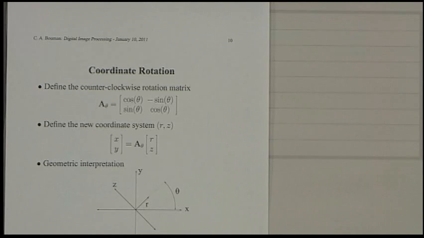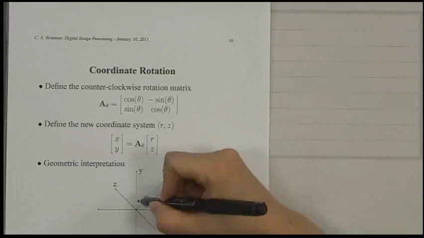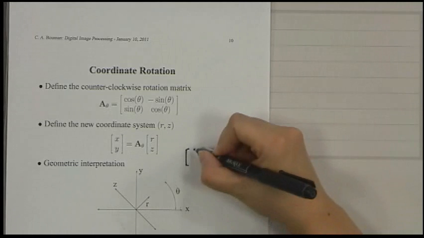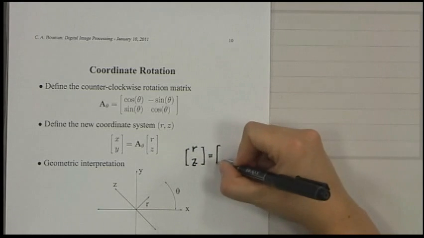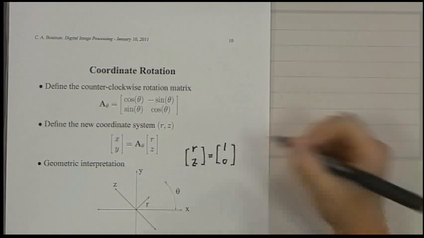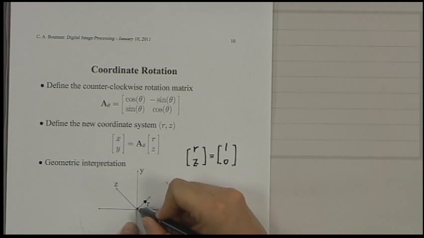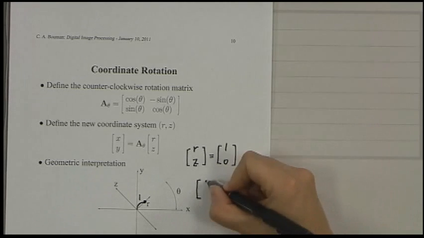So geometric interpretation is like this. Let's say we are looking at (R,Z) coordinate. Let's pick (R,Z) equal (1,0). So we are looking at this point. This is 1. And then let's calculate this (x,y).